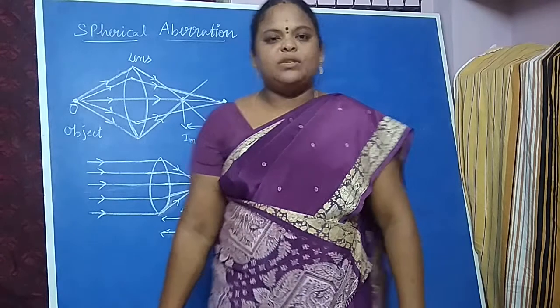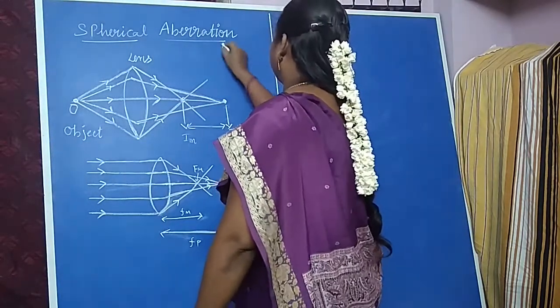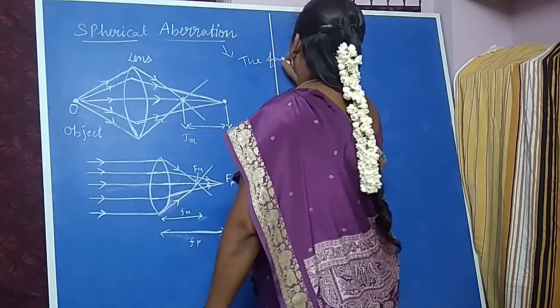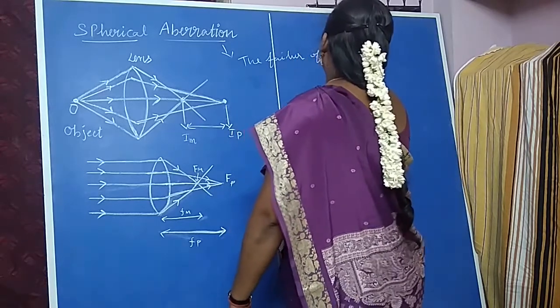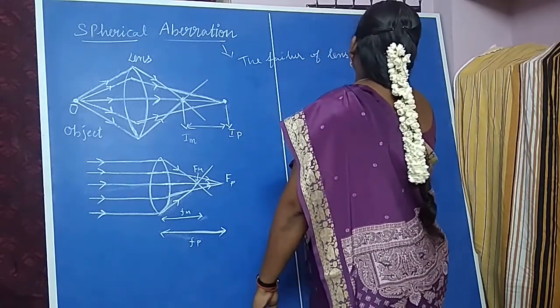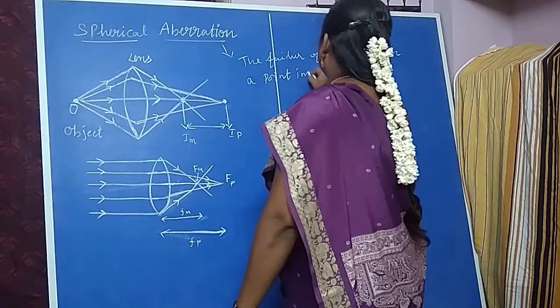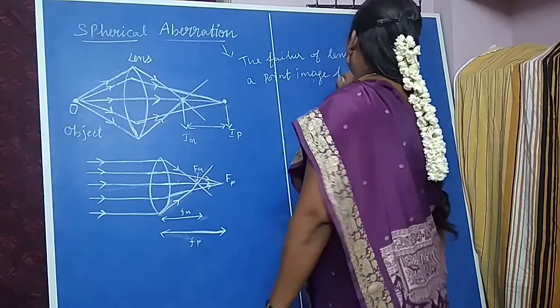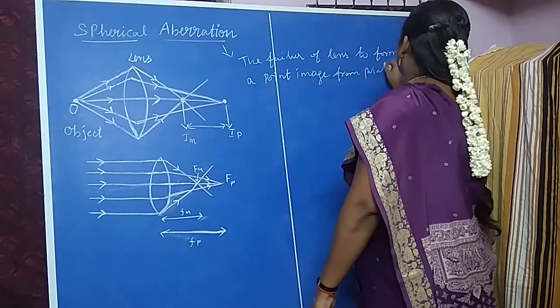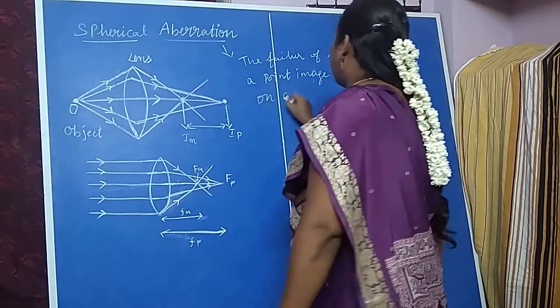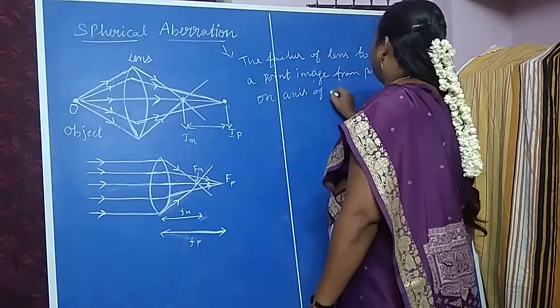In this video, I am going to discuss spherical aberration. Spherical aberration is the failure of the lens to form a point image from a point source, a point object, on the axis of the lens.